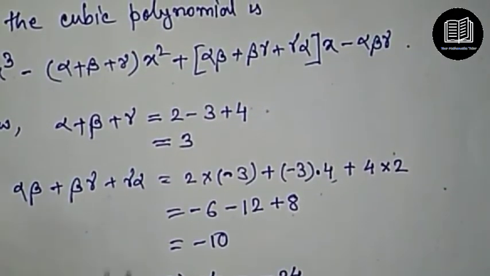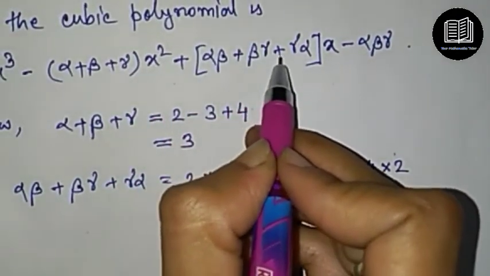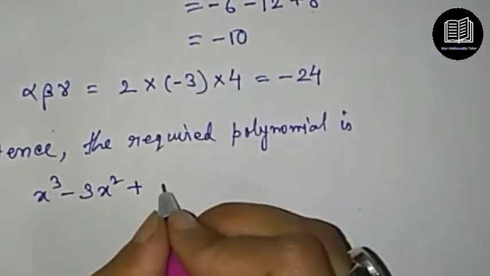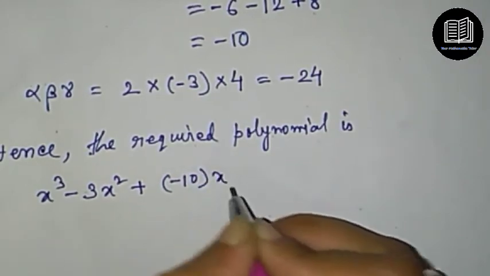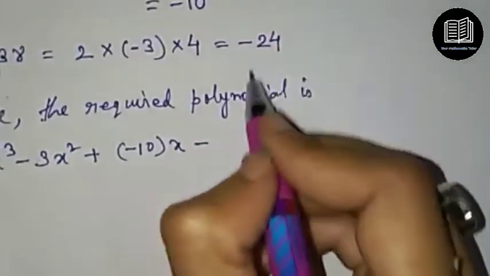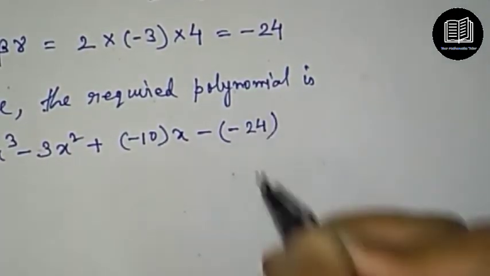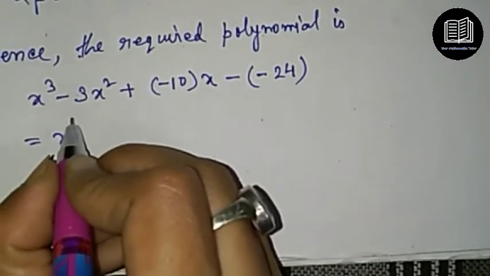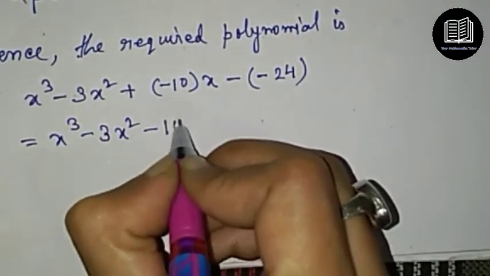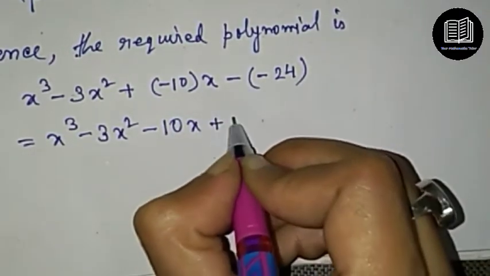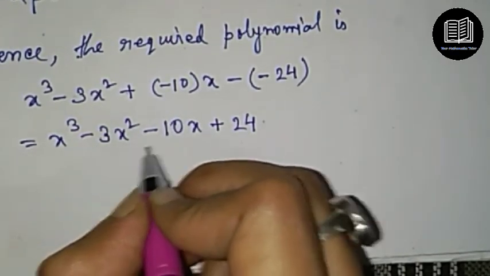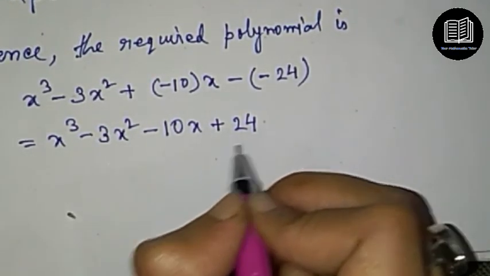Next plus (alpha beta plus beta gamma plus gamma alpha), that is plus the value -10 into x, and lastly minus alpha beta gamma, that is minus of -24. x cube minus 3x square minus 10x plus 24. So our required polynomial is x cube minus 3x square minus 10x plus 24. Clear?